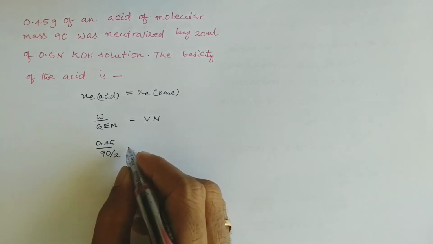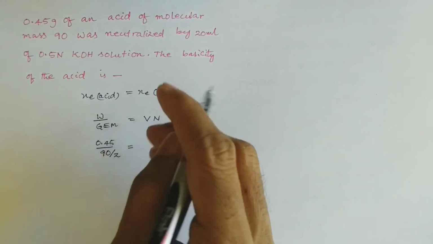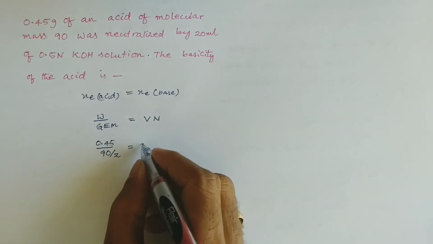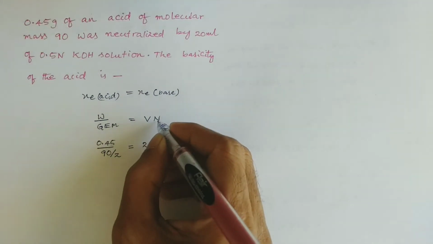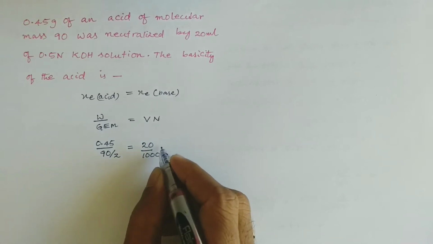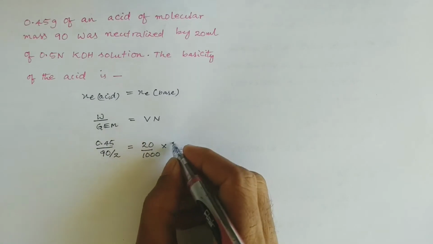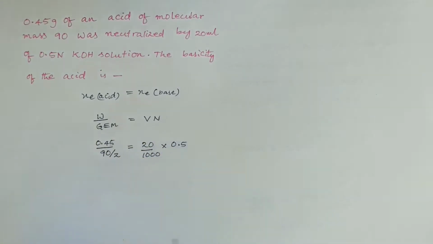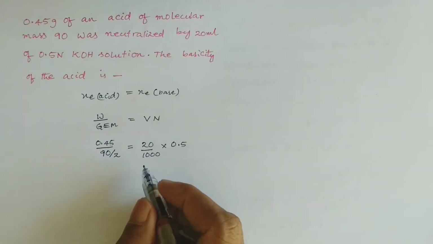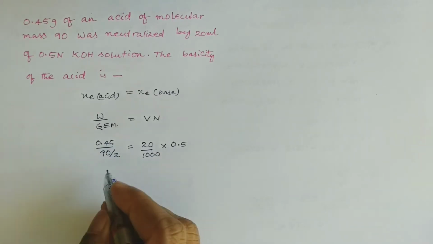Basicity is Z. Z is equal to the volume of the base, 20 milliliters, divided by 1000, that comes in liters, into normality. What is the normality of the base? That is 0.5 normal. Now simplify this.